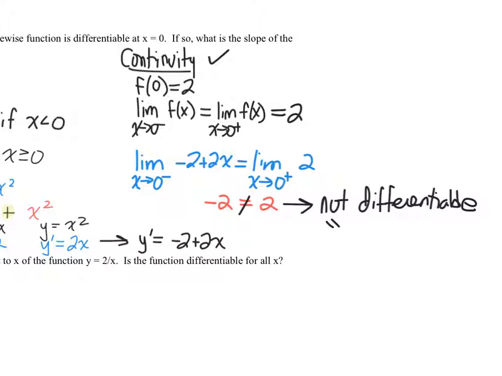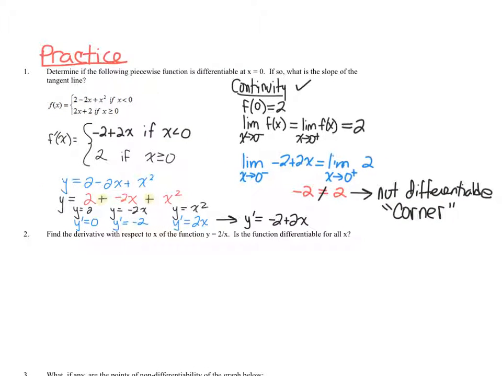Corner. Corner is the only one where the slopes go to two different finite values. If either part of it's going to some kind of infinity, it's not a corner. If they're going to the same kind of infinity, we're looking at a vertical tangent. If they're going to different infinity, so one's going down, one's going up, you're talking about a cusp.